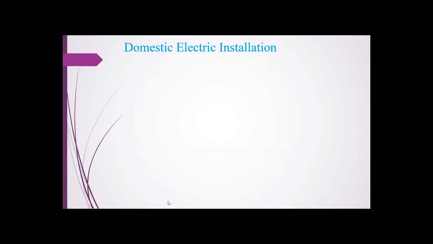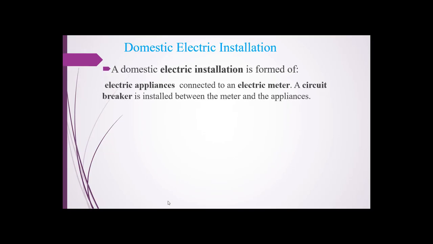So what are the characteristics of this domestic electric installation? A domestic electric installation is formed of electric appliances connected to an electric meter, and a circuit breaker is installed between these two.